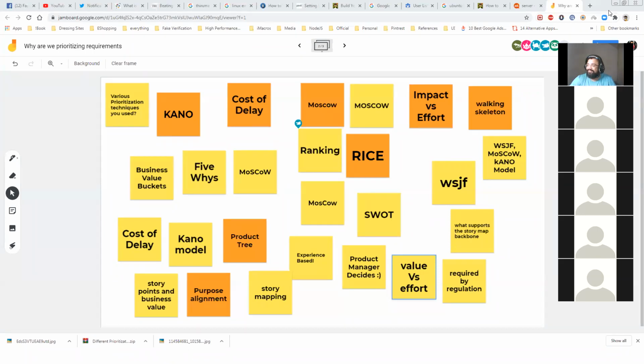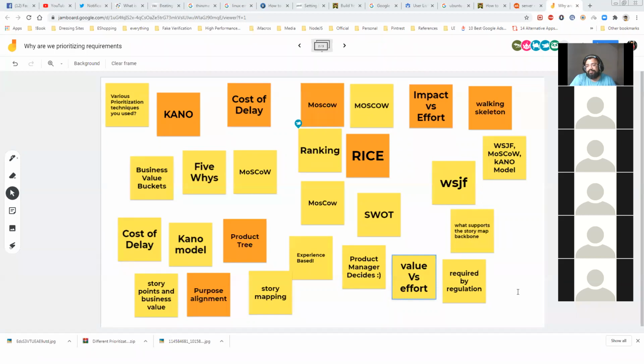WSJF is most commonly used, but if you look at the business value, opportunity enablement, risk reduction, time criticality, these are all gut feel numbers and relative in nature. And the next thing is size. If you refer to a lot of theory or literature, they tell you that you can only get up to 70% accuracy. But what about the 30% deviation?